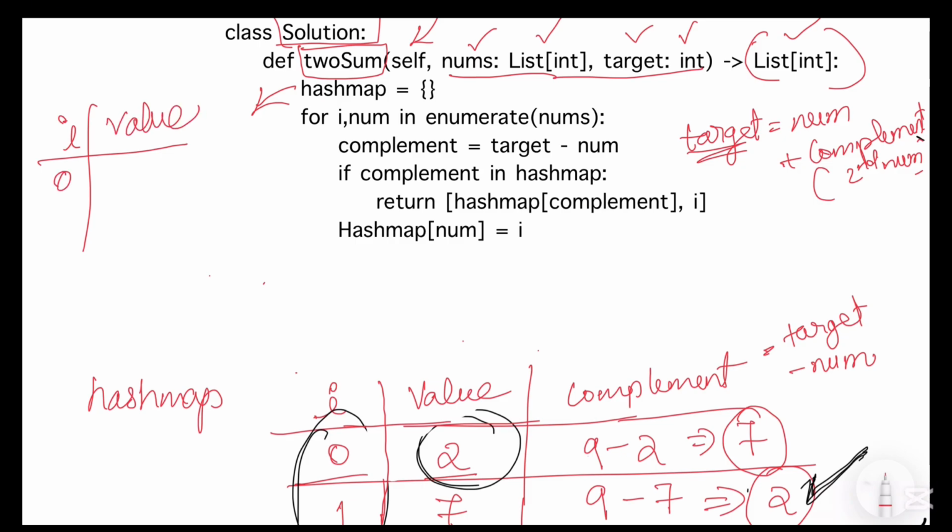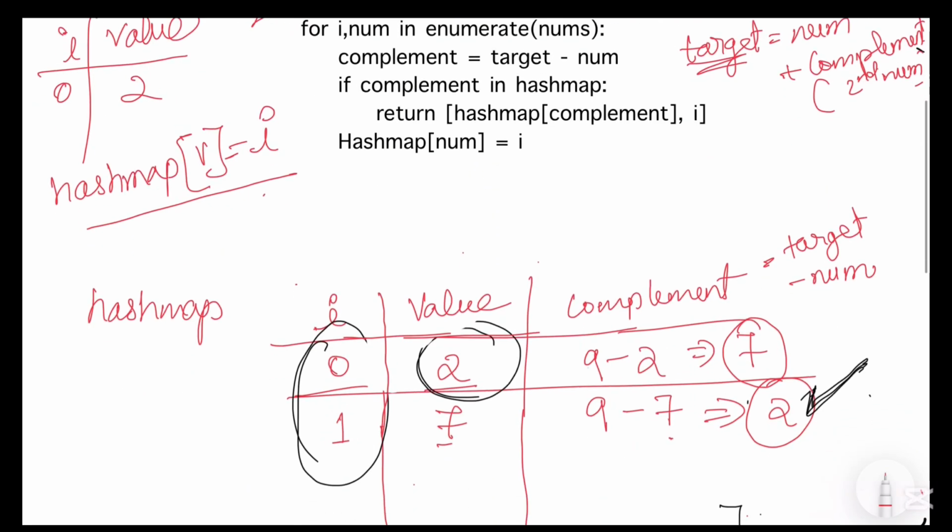So wherever you write hash map of the value, it will give us the index. Okay, next: for i, num in enumerate.